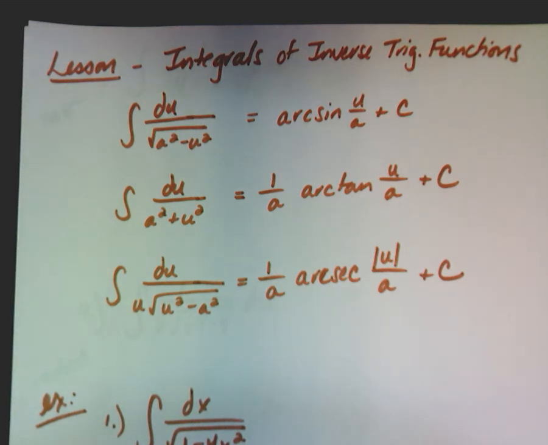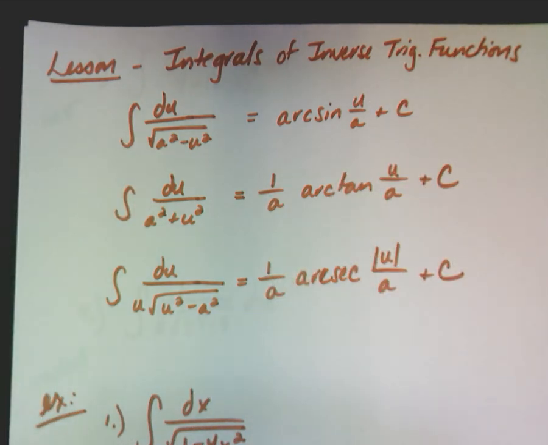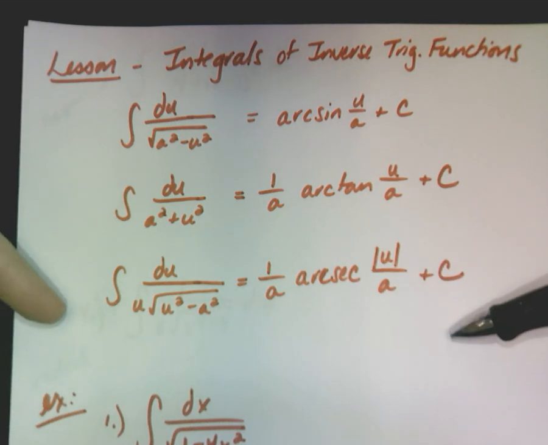Integrals of inverse trig functions. There are 3 of them. Why are there only 3? Because the cofunctions are just negative and we can deal with a constant. That's not a big deal. So we are going to write these down.